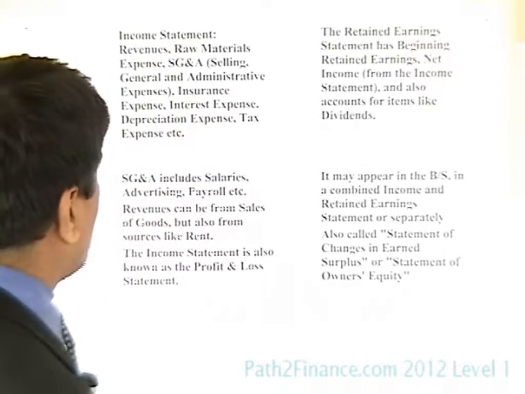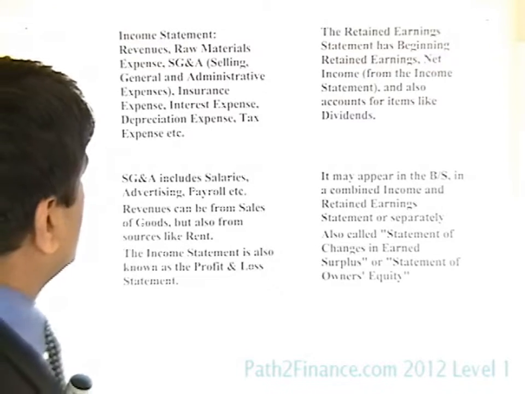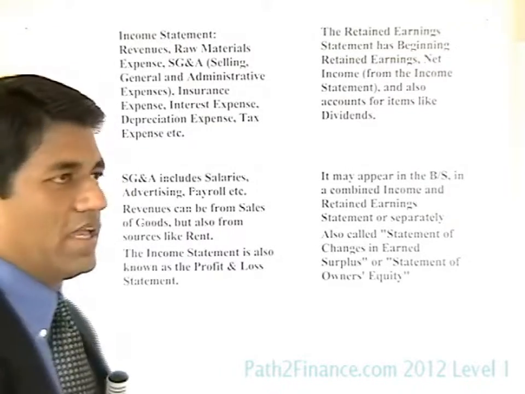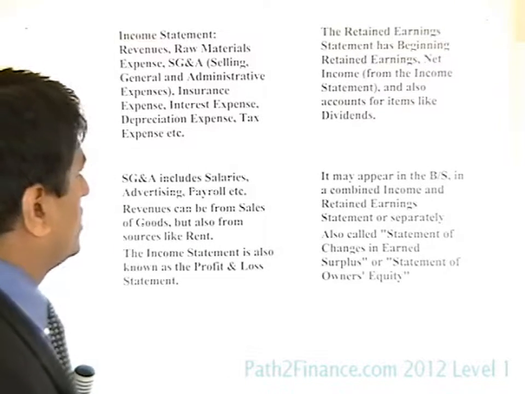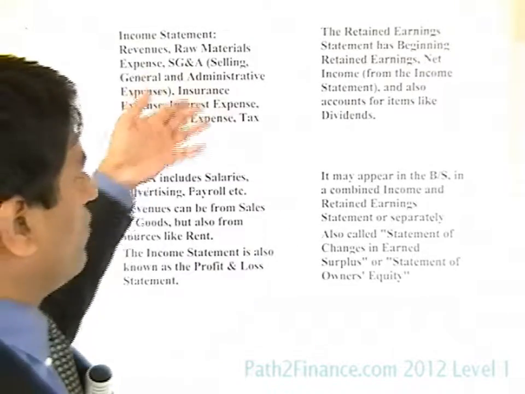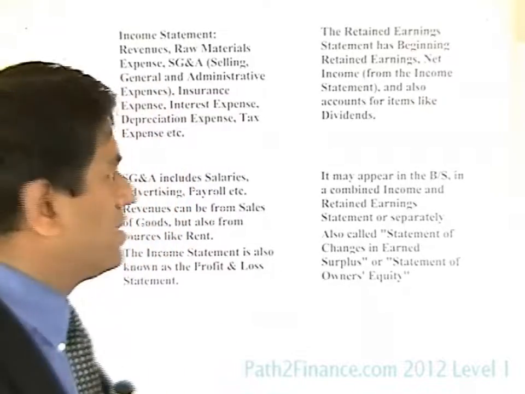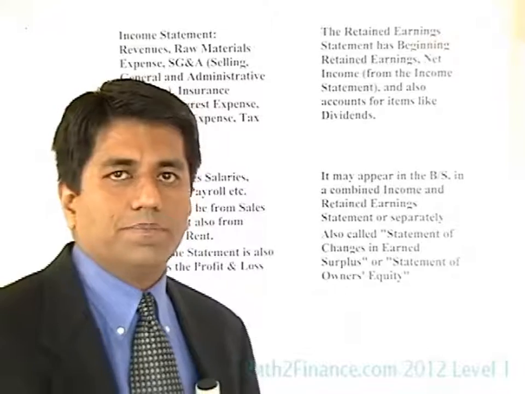For example, raw materials, SG&A, which stands for selling, general and administrative expenses, insurance, interest, depreciation, tax, etc. So these are the various expenses that would go into an income statement, and also revenues would be added on to get net income.